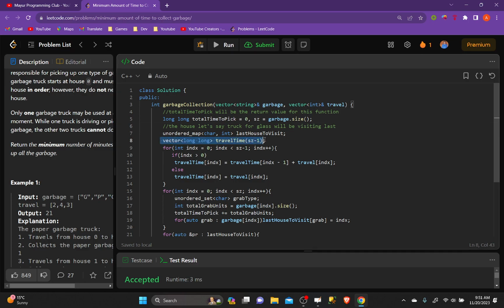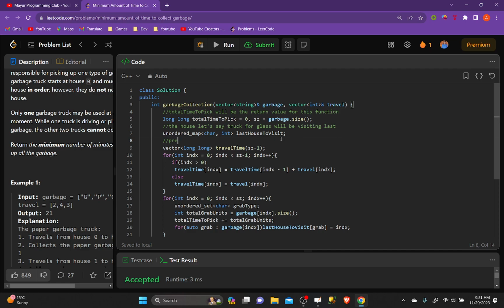And then there will be a prefix sum of travel times, which will represent how much time is required to reach the i plus one house or ith house.